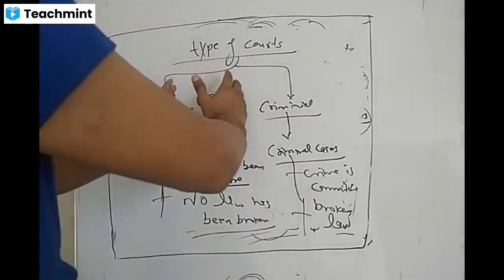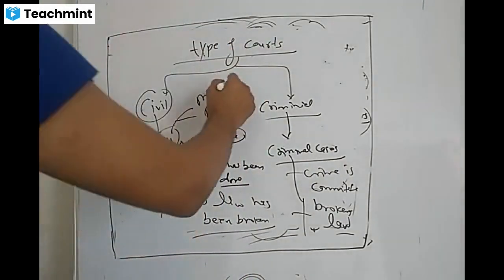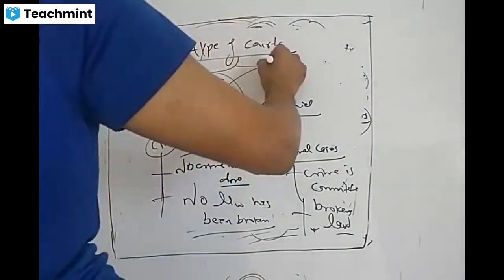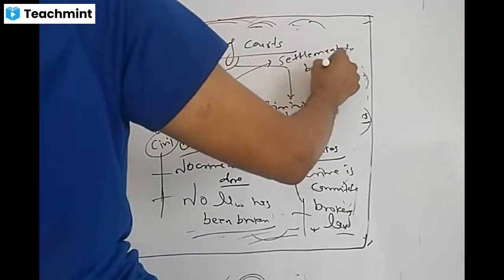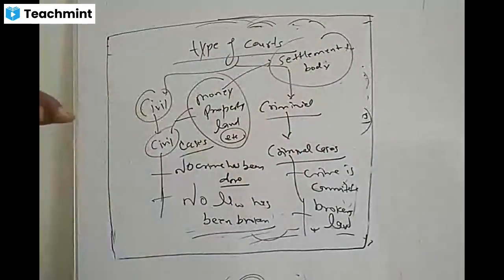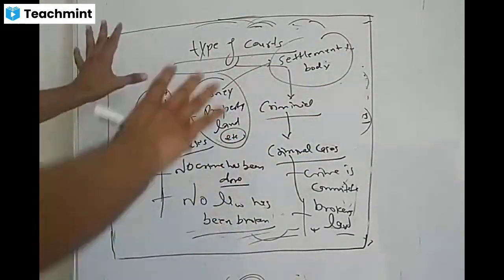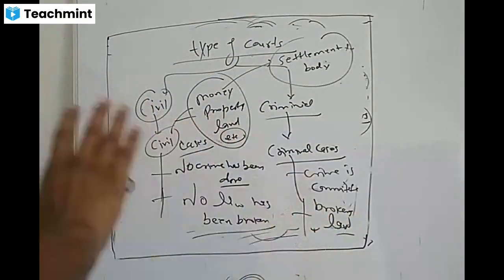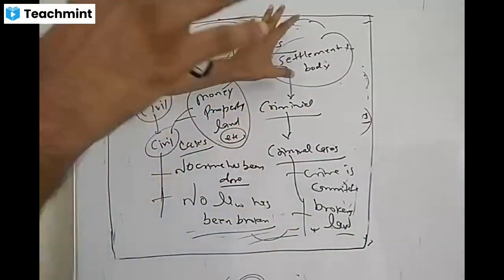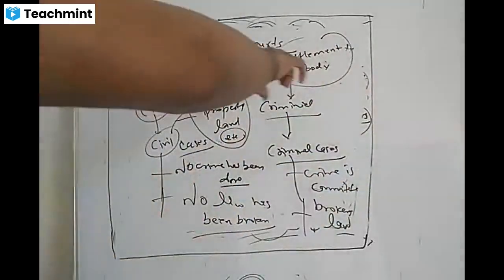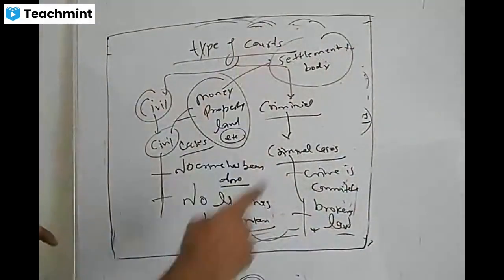So in these cases, the civil court will act as your settlement body. They will try to do settlement of your property, of your money, because in this matter no crime has been done, no law has been broken. So the role of your civil court will be as a settlement body. But in criminal cases, crime is there, law has been broken, so punishment will be there.